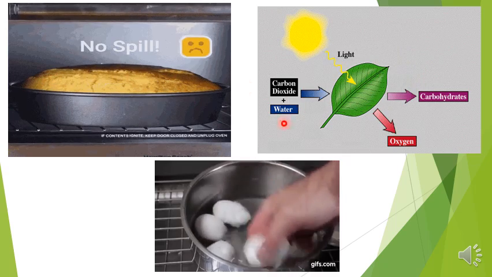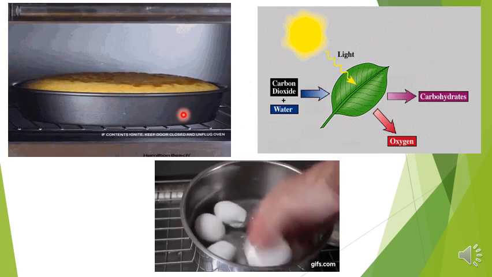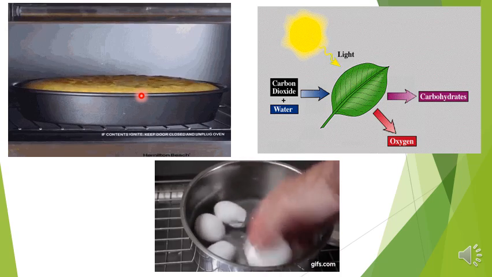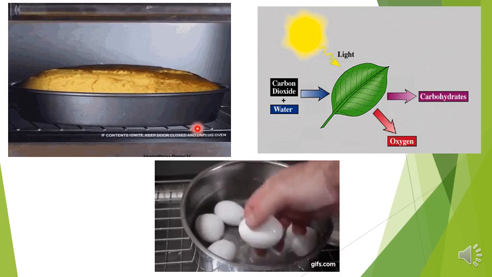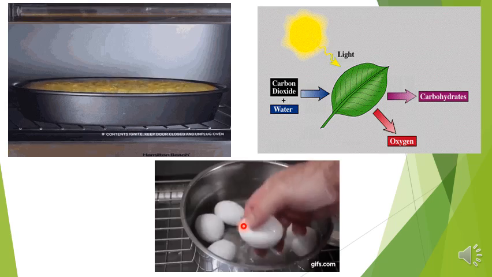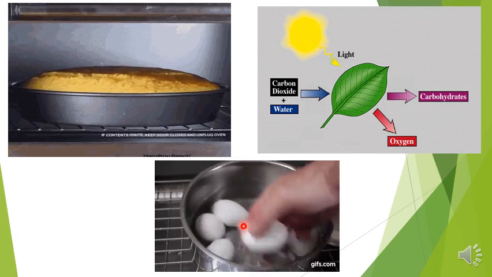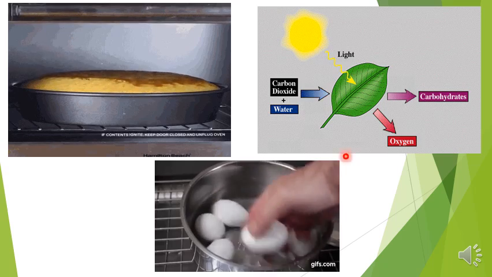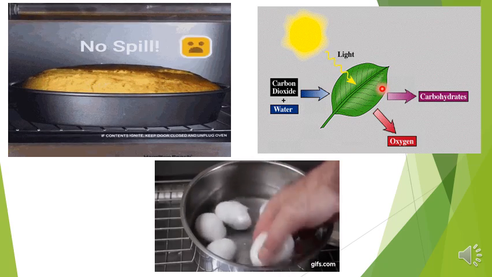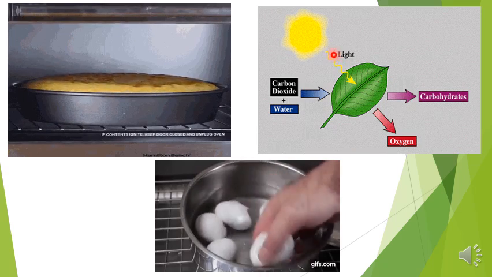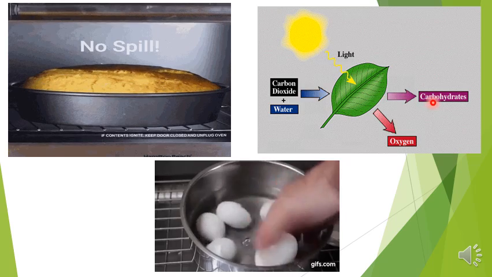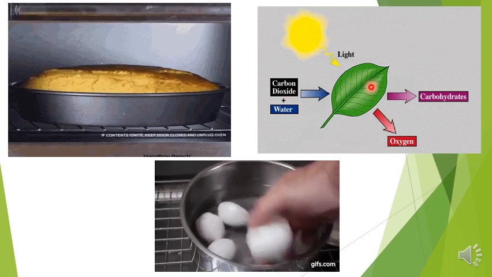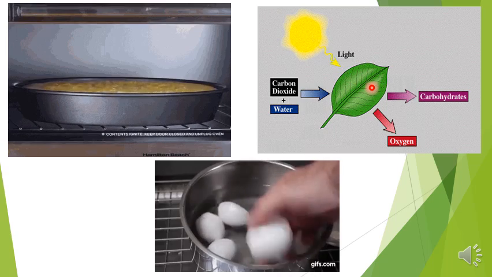These are a few more examples of chemical change. Baking of cake. It is an example of chemical change. Boiling of egg. Here the inside of the egg and yolk changes. It becomes solidified. Then the photosynthesis process. Sunlight falls on the leaves. It takes carbon dioxide from the atmosphere, and water is also needed for the preparation of chlorophyll.